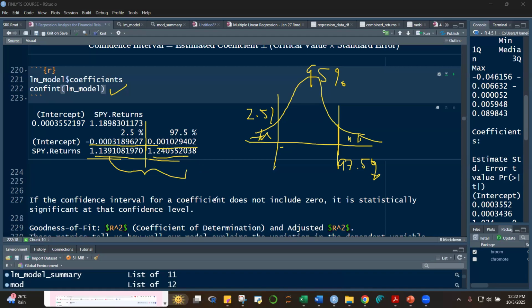So we are rejecting that the beta for SPY returns is equal to 0, because it's not possible for the beta to become 0 at the 95% confidence level. So if the coefficient does not include 0, it is statistically significant at that confidence level.